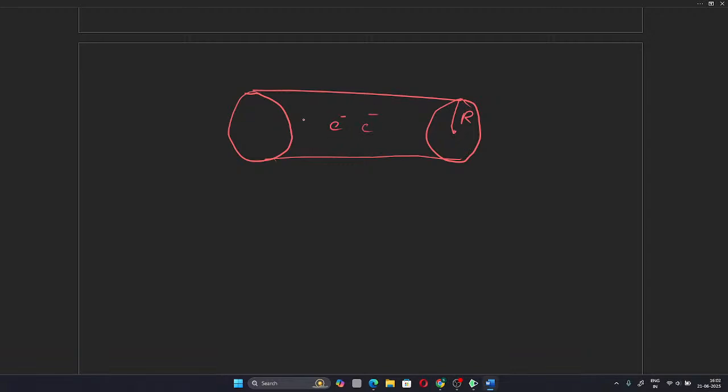If we take, for example, a piece or a wire of a conductor, a cylindrical conductor, this has a radius of r, and this has charges. Electrons are in this conductor. These electrons will not be in a place but will be moving all over the conductor.